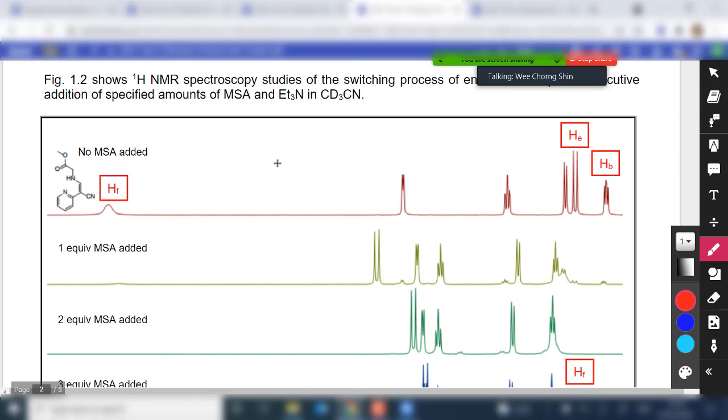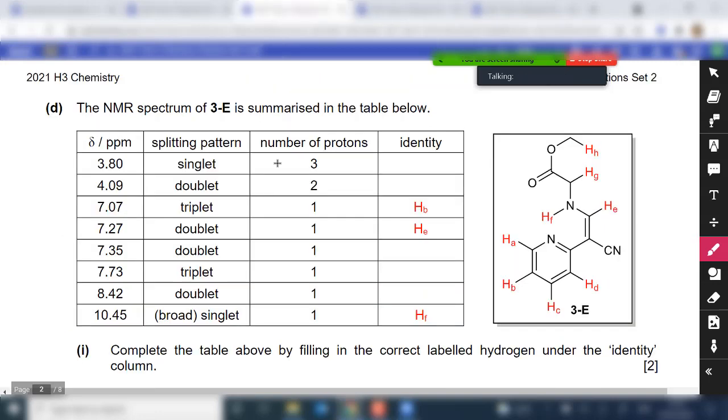I'm not going to attempt to go into the nitty-gritties, like why is this singlet, doublet, multiplet, etc., because it's not necessary at this stage. There's only one thing that we need to do over here: the question asks you to label the identity.